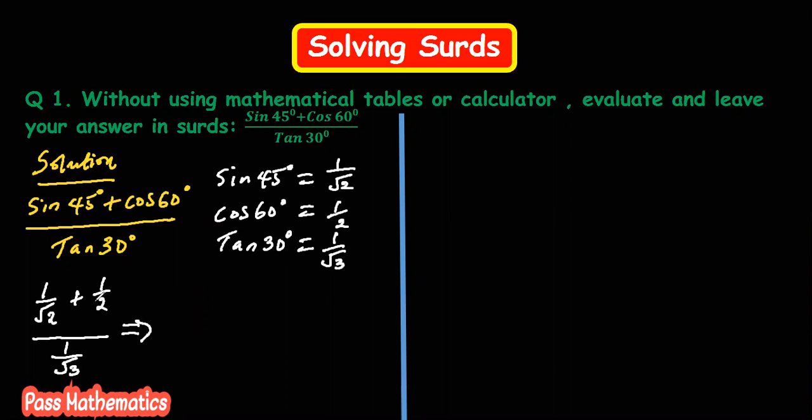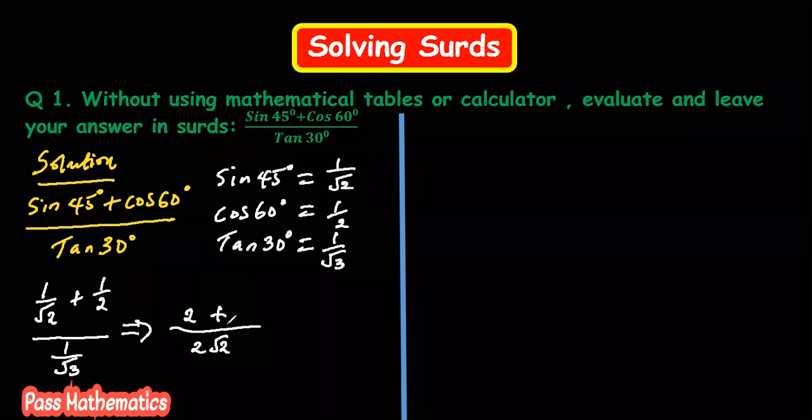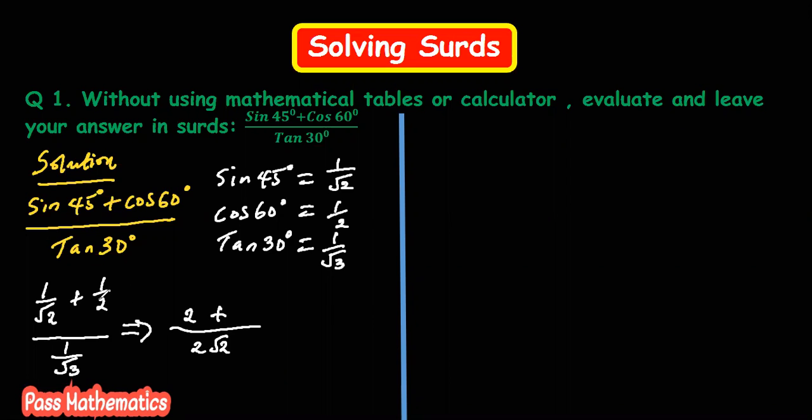The LCM here is going to be 2 root 2. Root 2 will cancel into 2 root 2 leaving 2 times 1, which is just 2, plus root 2 into 2 root 2 leaves just root 2. Then don't forget the division, so we write it like this: 1 over root 3.